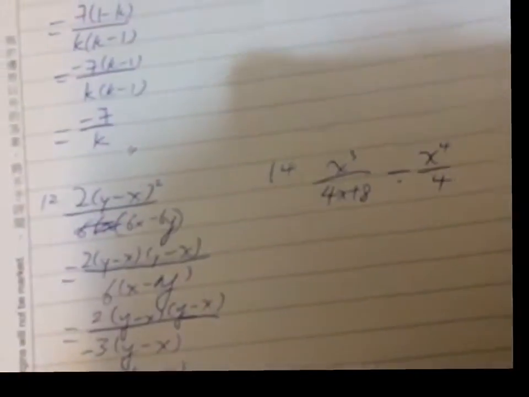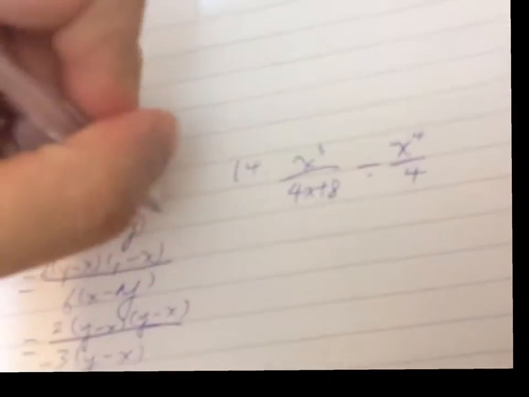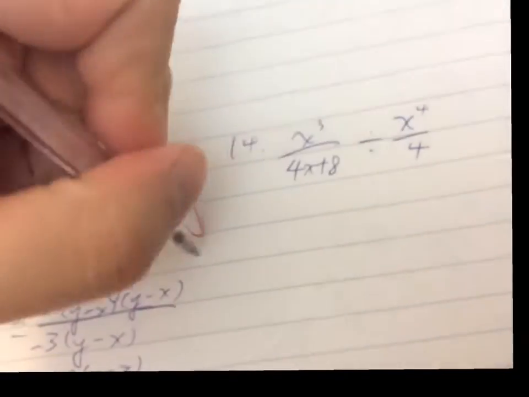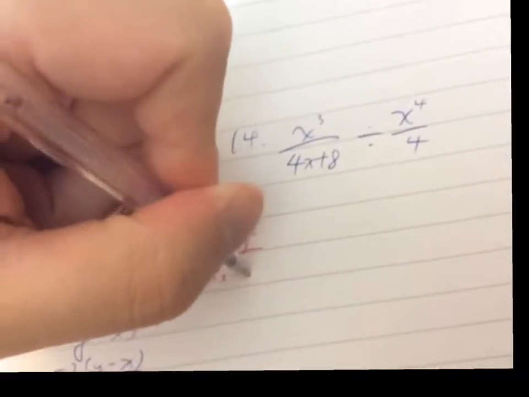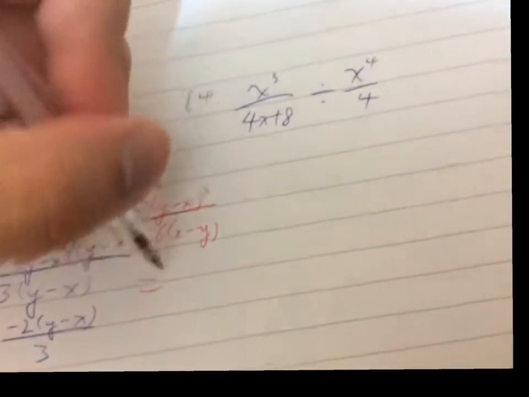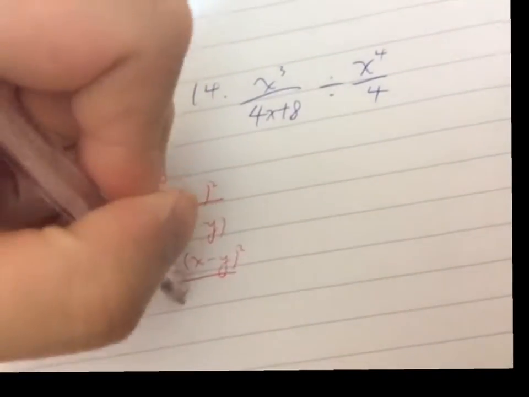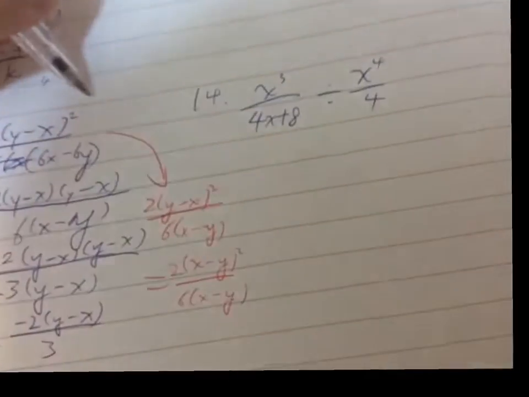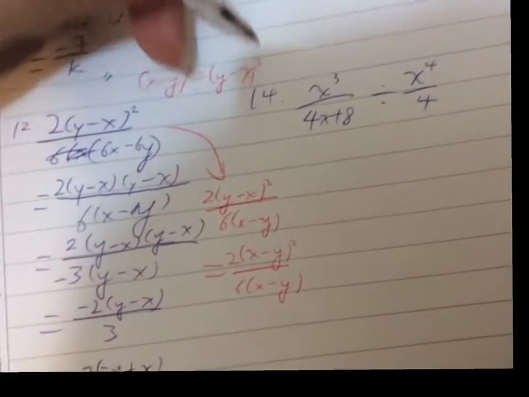Okay, if you want to have a faster method, I will suggest, when you go to this step, 2y over x, and then 6x minus y. Okay, there's a trick. You can just change these two, if this is square, without changing the sign, because x minus y square equals y minus x square.